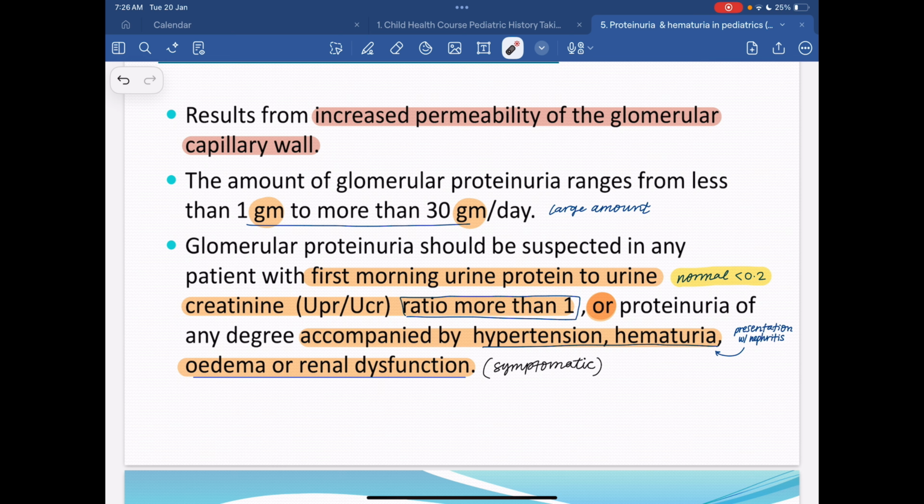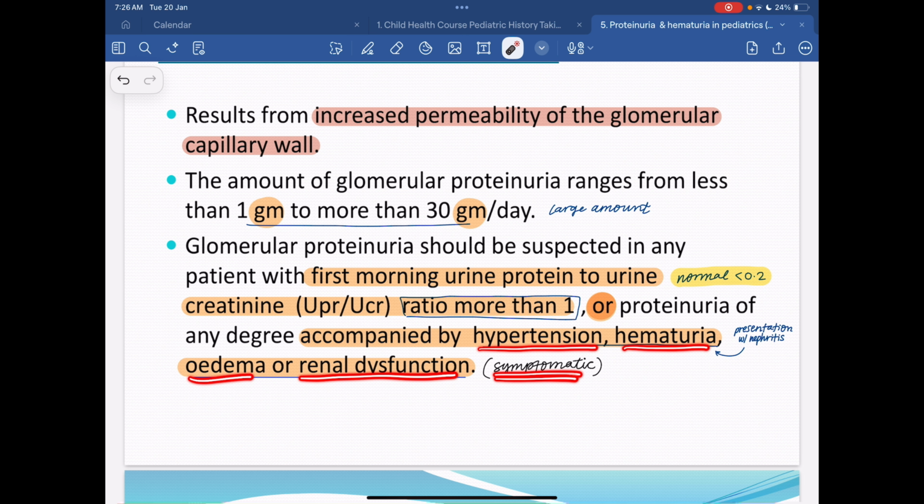So if their first morning urine protein to urine creatinine ratio is more than 1, or they have proteinuria of any degree accompanied by hypertension, hematuria, edema, or renal dysfunction.